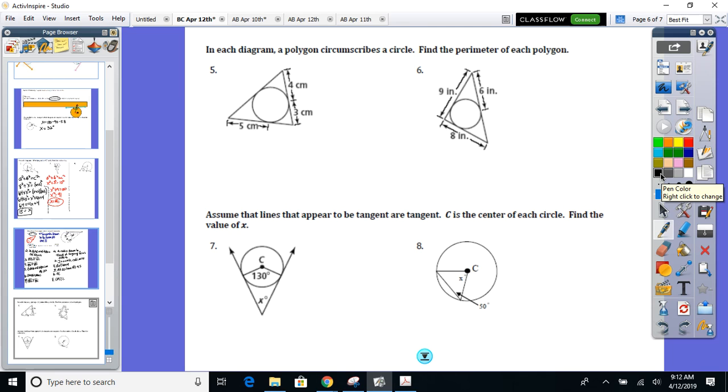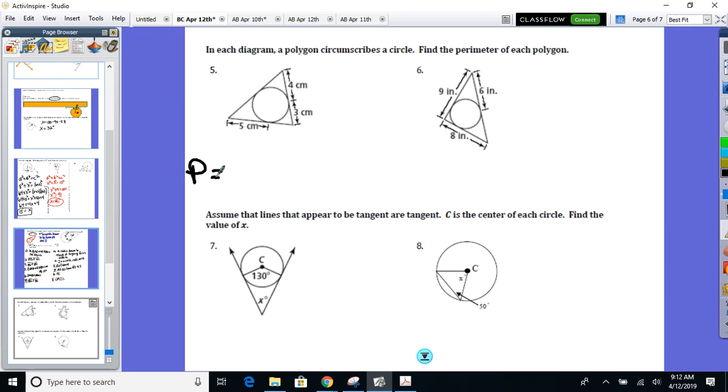Here's where I would use that theorem right now. Okay, now the circle's inscribed. I want to know the perimeter of this bad boy. Perimeter, all sides added up. We already know one side, which is 7. How can we find the remaining 2 sides there?